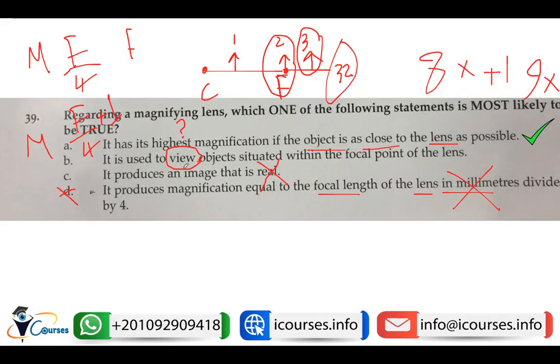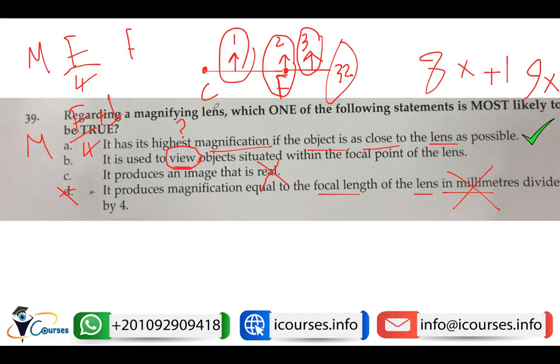It is used to view the object situated within the focal point of the lens, like 3. So does this mean that it cannot view object number 1? Here is the trick. It doesn't say magnify, it says view. In option 1, it is asking about magnification, but in option 2, it is only asking about viewing.